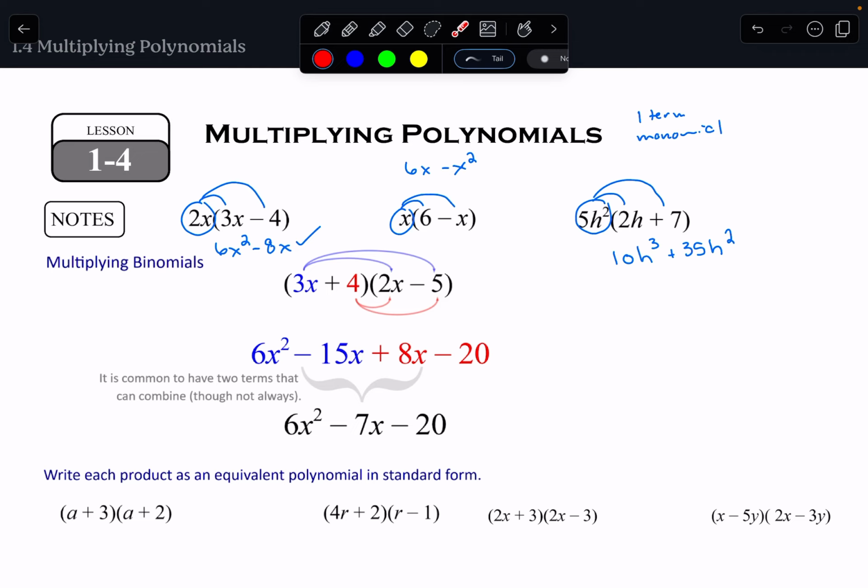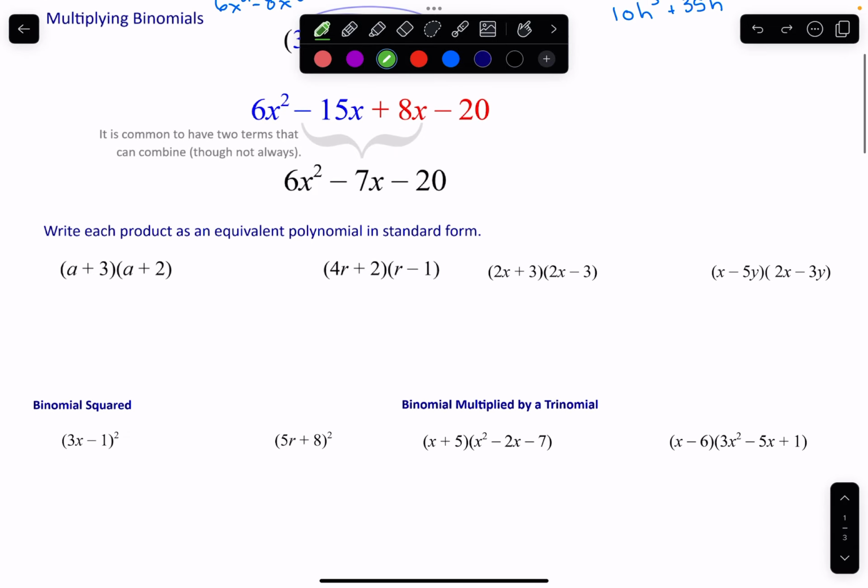This is the first time we mix the world of adding with exponents and multiplying with exponents. So in this case, you've got to use the multiplying rules up here, but then you also have to use the addition rules to simplify after you multiply. So let's do a couple examples. It's not nearly as complicated as it seems.